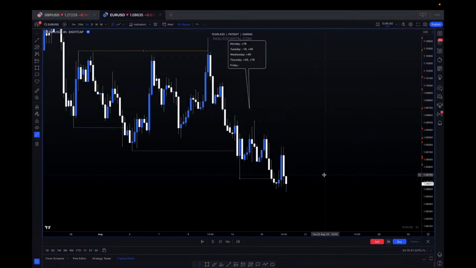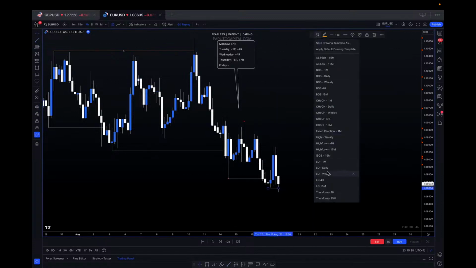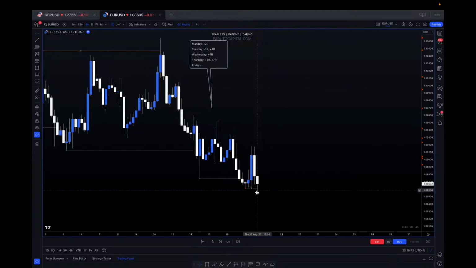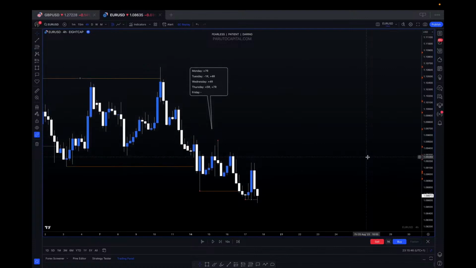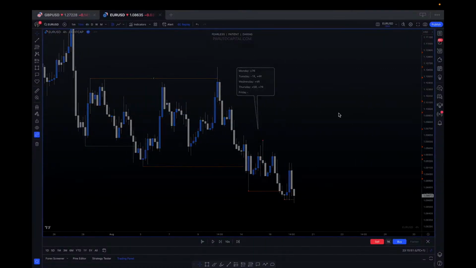So this is it. So now we have something. You can see this low, price failed to close below that, so that's a sweep of liquidity. Let's see what happens now on the 15 minutes.